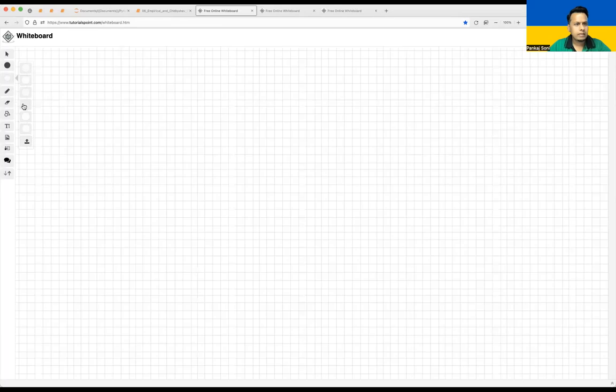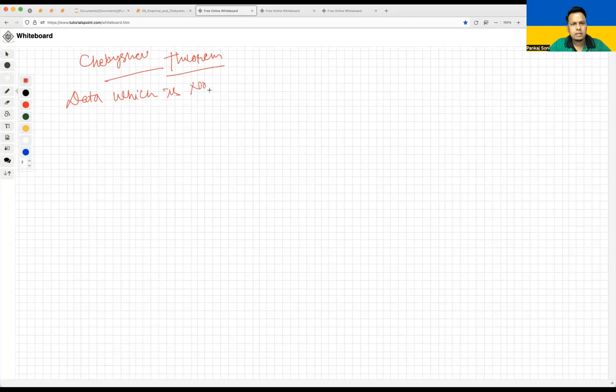So you have any data, and this is the Chebyshev theorem, for data which is not following the bell curve. Basically, this Chebyshev theorem can be applied to any data, whether it is following a bell curve or not. So this is a standard theory.